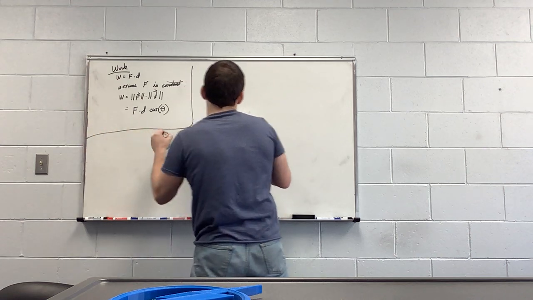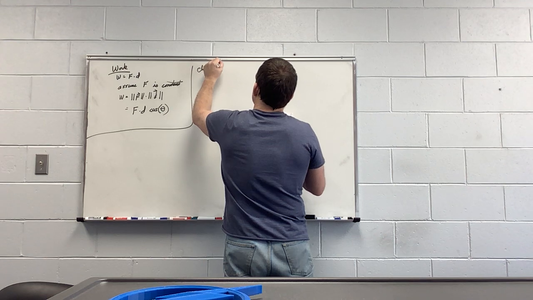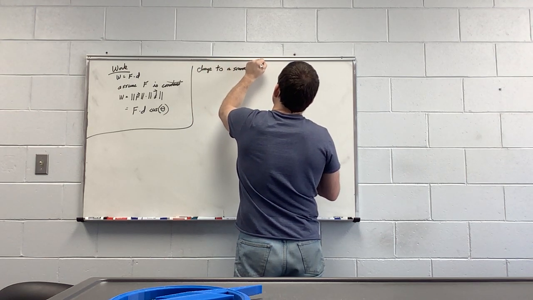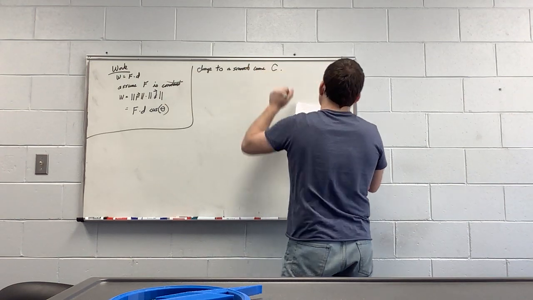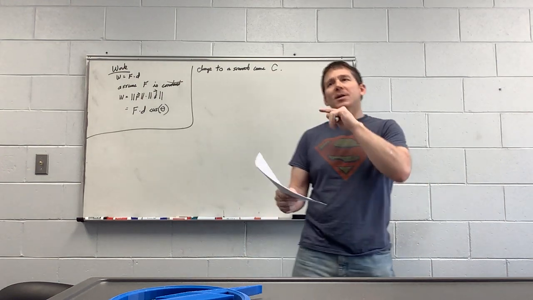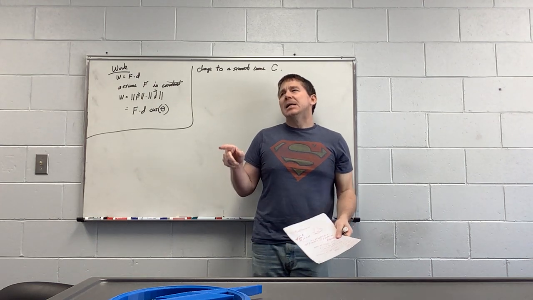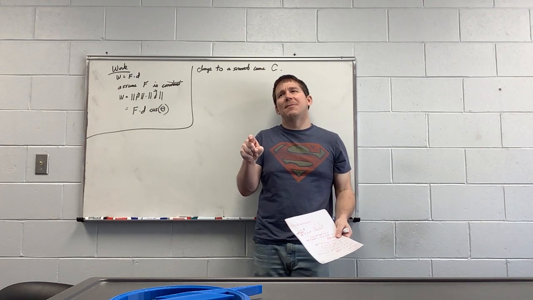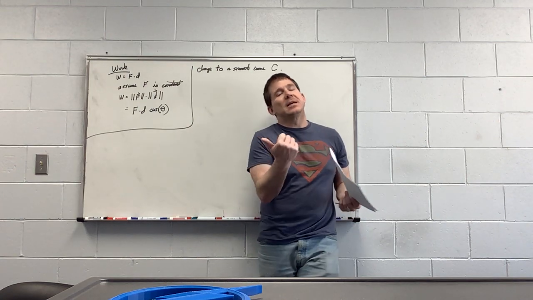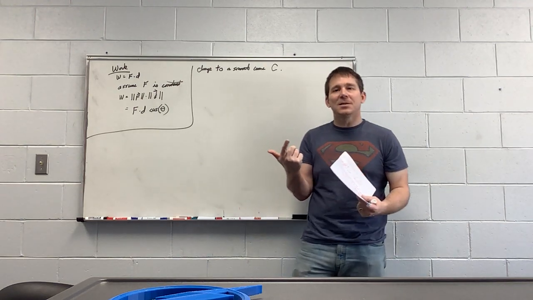So let's see. Now we will change to a smooth curve C, and while I could have a constant force moving along some path in space, if we think about vector fields we talked about earlier, tornadoes, hurricanes, things like that, obviously at different points within the hurricane, the wind force is different.